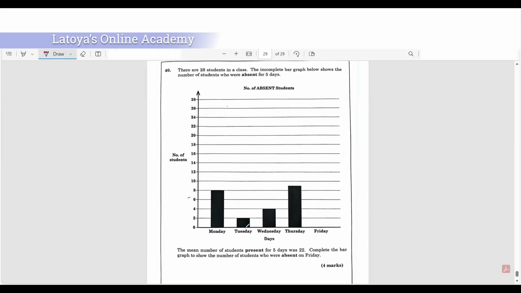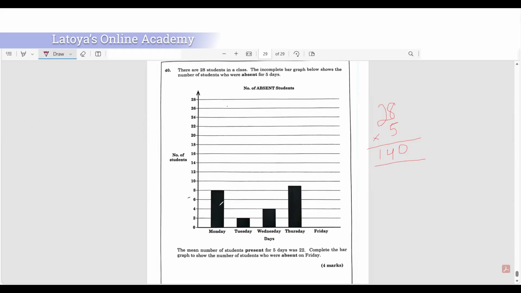So knowing that, if there are 28 students in a class, we could work out the number of students that will be present for the 5 days. So if 28 students are expected each day, then when I multiply 28 by 5, I will get 140. So 140 represents the number of students that is supposed to be present for the week, right?